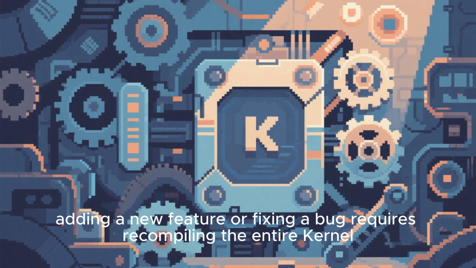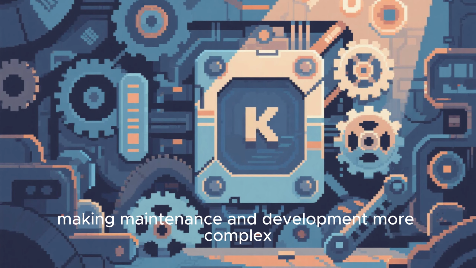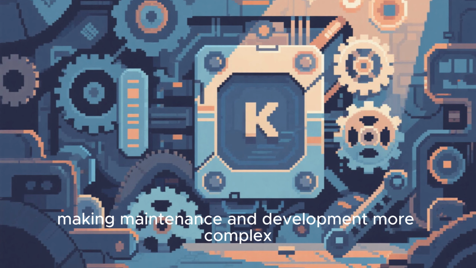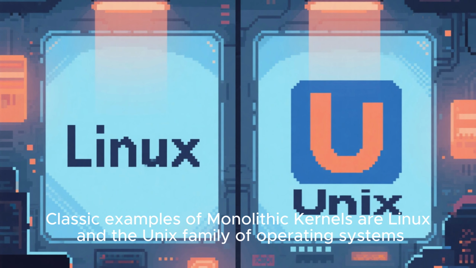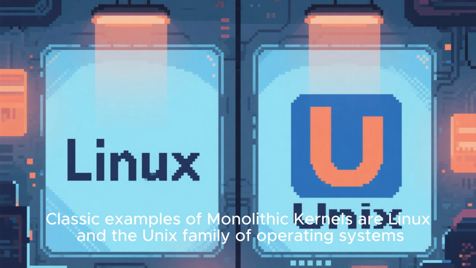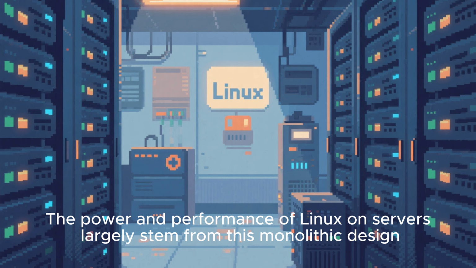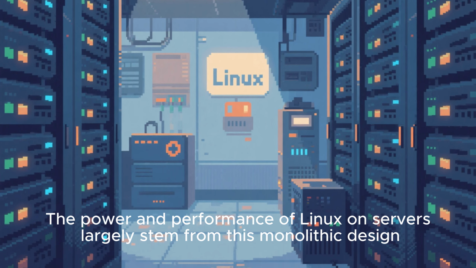Furthermore, adding a new feature or fixing a bug requires recompiling the entire kernel, making maintenance and development more complex. Classic examples of monolithic kernels are Linux and the Unix family of operating systems. The power and performance of Linux on servers largely stem from this monolithic design.